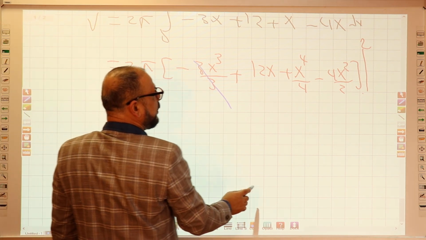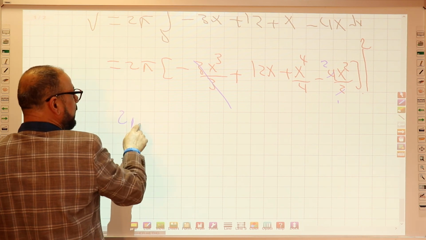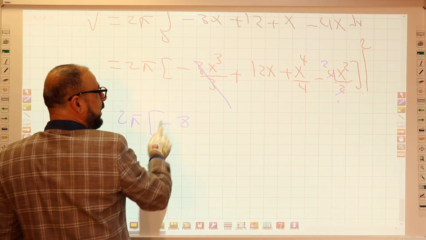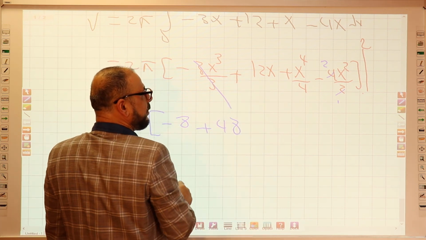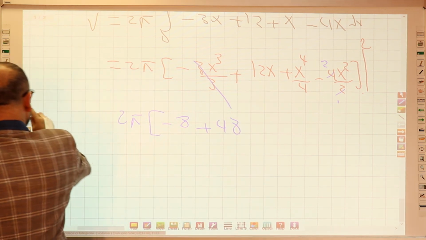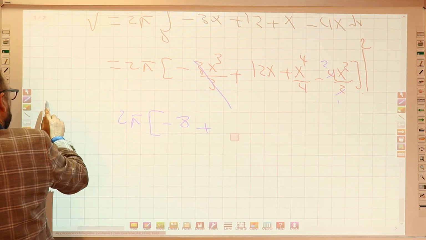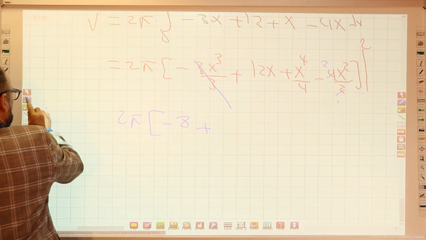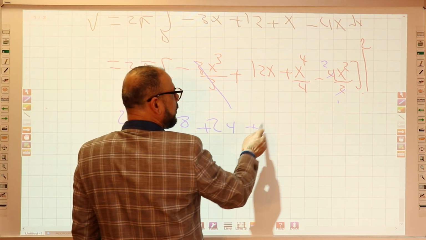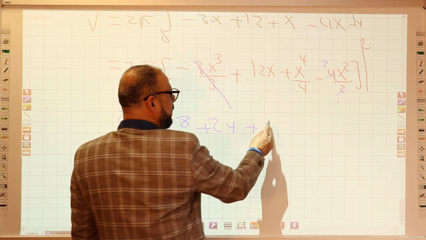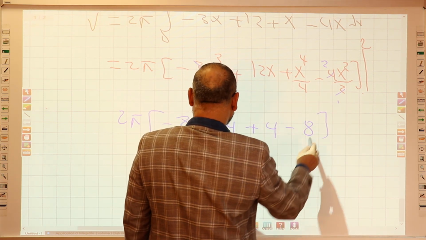3 cancels with 3. Plug in 2. 2 pi times negative 8 plus 12 times 2, which is 24, plus 4 squared, 16 divided by 4 is 4, minus 2 times 4 is 8.